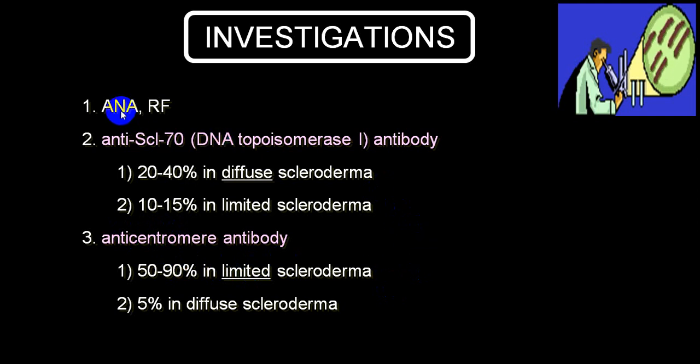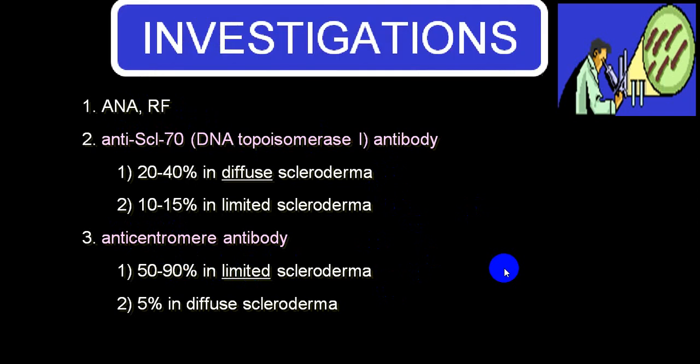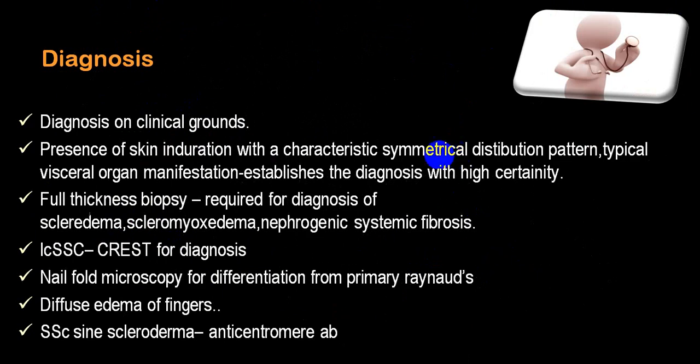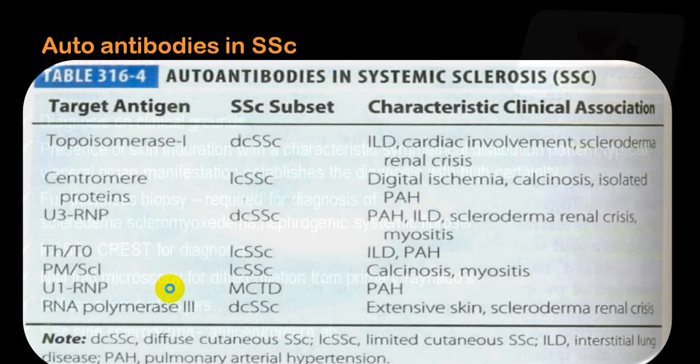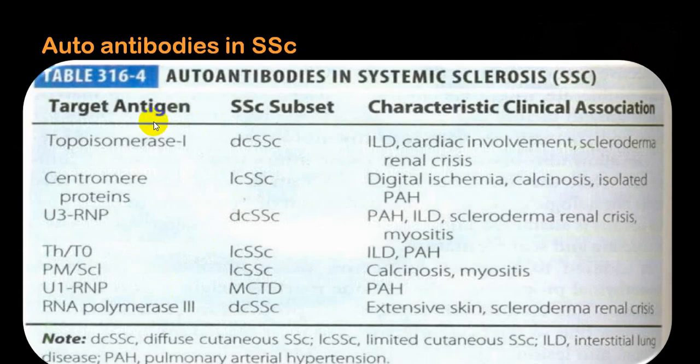And you will have ANA positive and RF factor may be positive in both. So by and large the clinical picture is more important, and then comes the antibody titers. So these are the different antibodies being utilized.